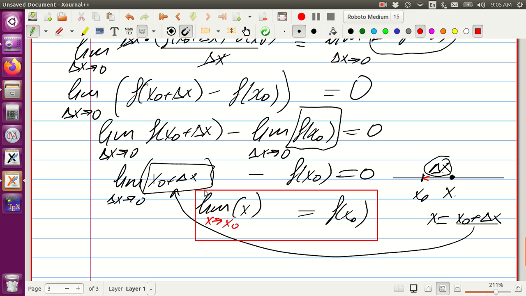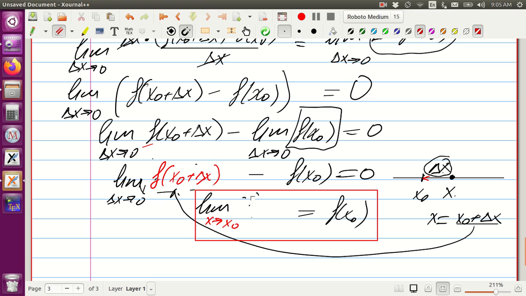So we're done with this proof. We showed that limit of, oh, sorry, didn't do it right. Small mistake. So here, did not write it correctly. Let me fix it. That was f of x sub 0 plus delta x, right? So it was f of x sub 0 plus delta x.